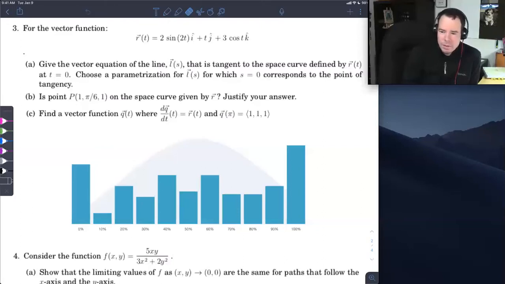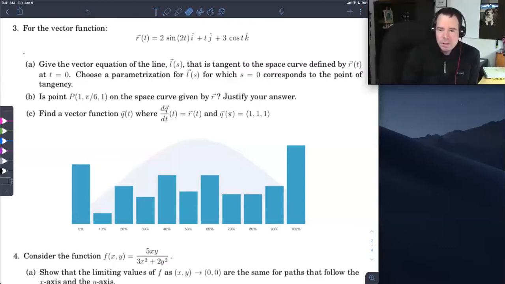Is the point on the curve? So that was checking to see if there was a value of the parameter t, that when you plug it into the curve r, you get that point (1, pi/6, 1). And then the last one was an antiderivative question. The most common mistake with the antiderivative question was just missing the constants of integration.